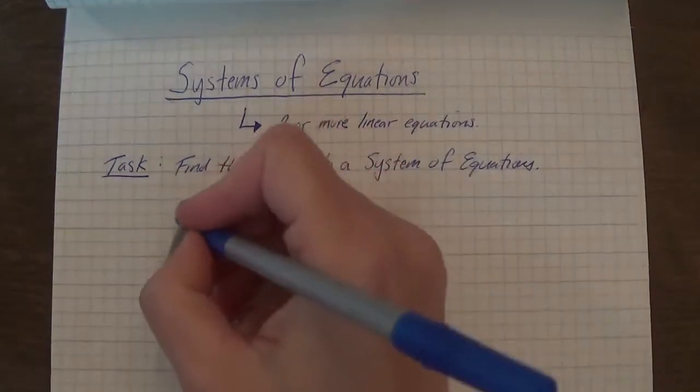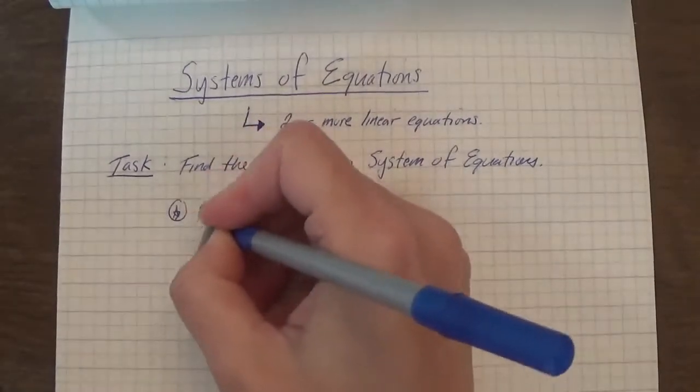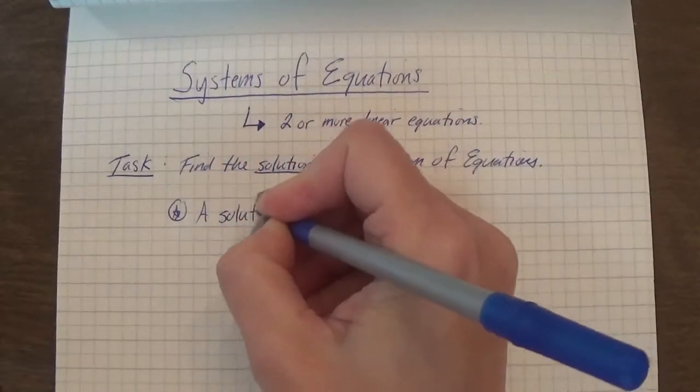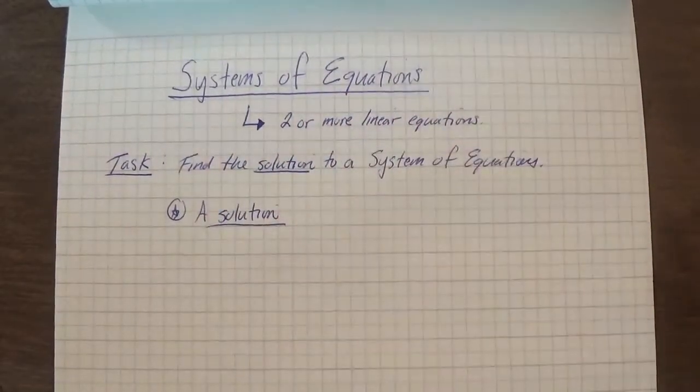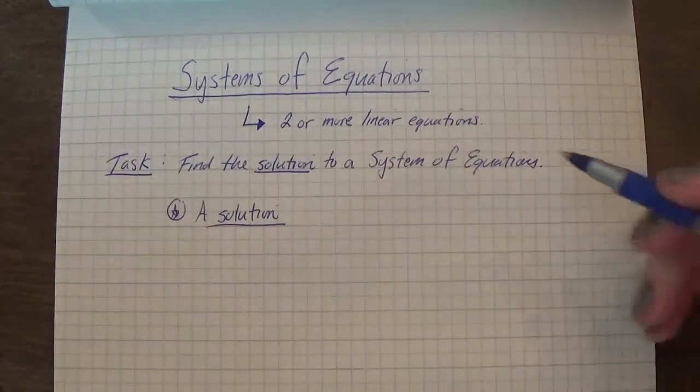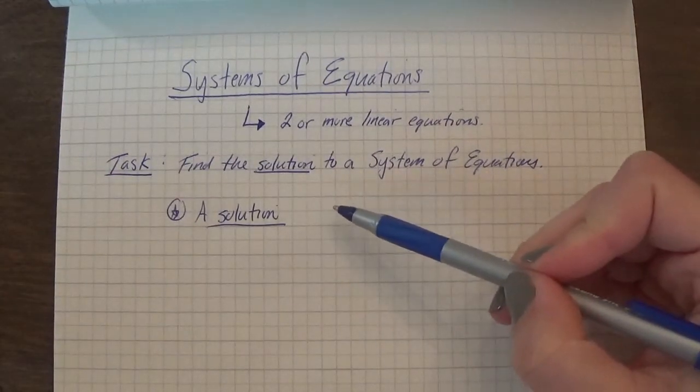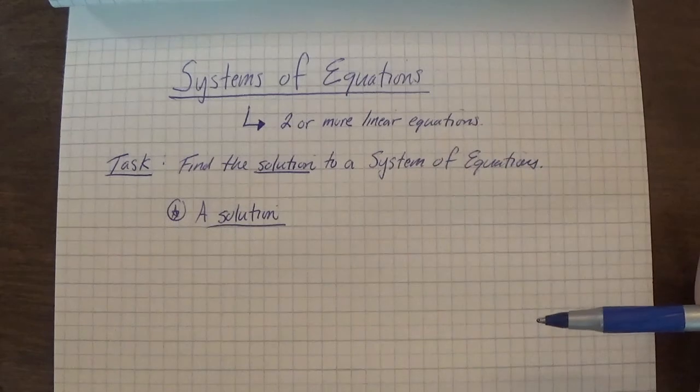Now if you remember, from the very first day of graphing, a solution is an ordered pair that makes the linear equation work.